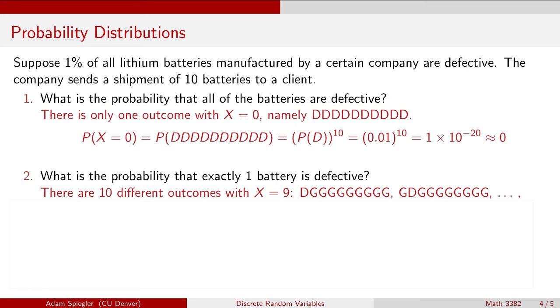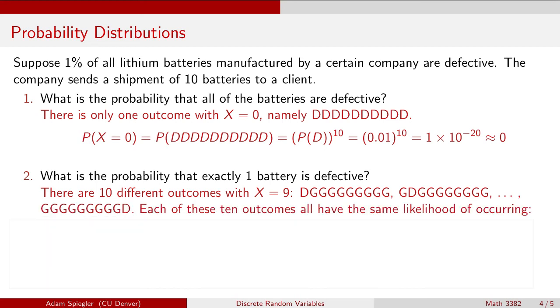We could have a good battery, defective, then 8 good batteries, and so on. So there are 10 different ways the D can be in the first slot, the second slot, the third slot, all the way out to the 10th slot. So we have 10 different outcomes that have X equals 9.